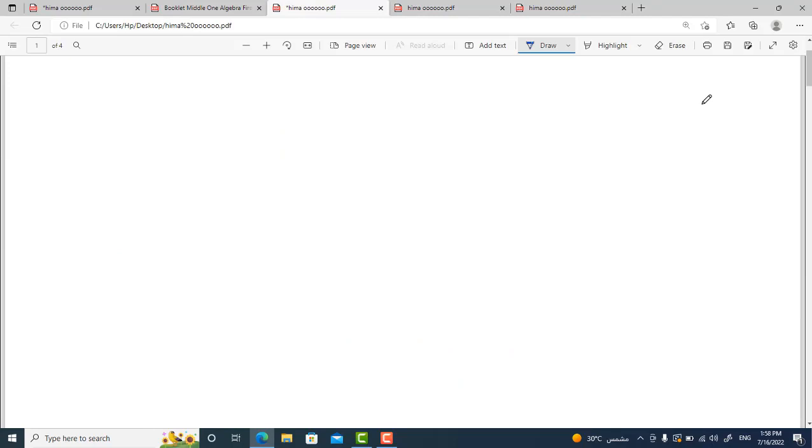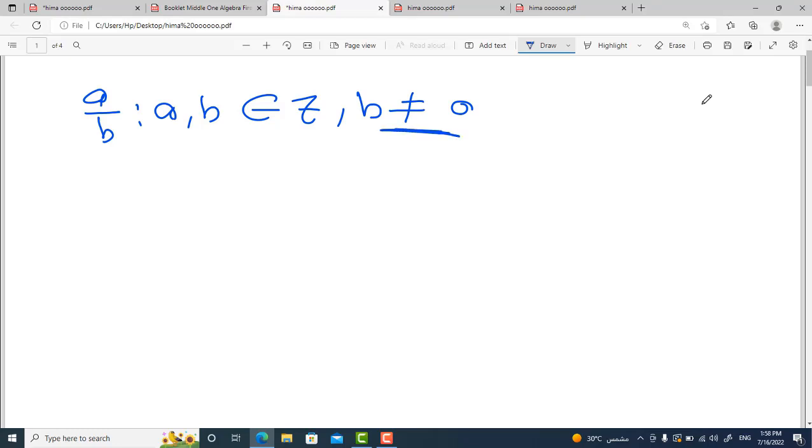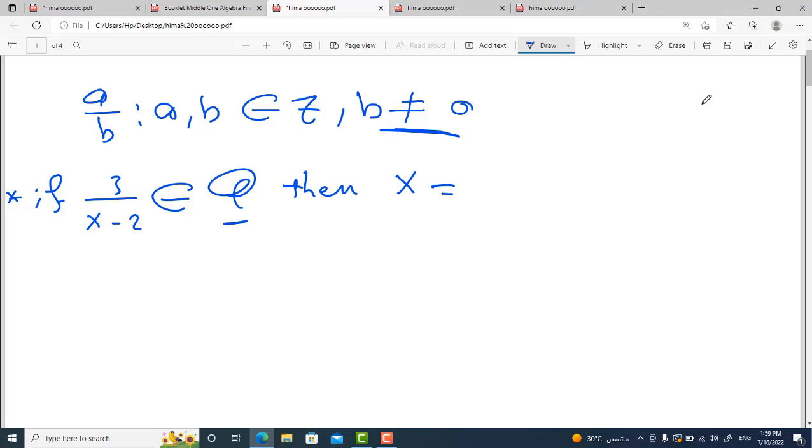Let's move to our condition again. I have A over B, where A and B belong to Z, but B doesn't equal 0. This condition is very important. Here is the first example: if 3 over x minus 2 belongs to Q, it is a rational number, then x doesn't equal what?